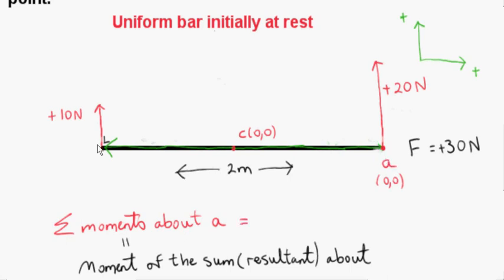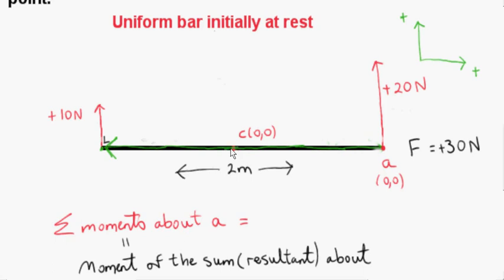So let's get the moment of the 10 Newton force about the point A. Well, let's look at the position vector. In this case, the position vector is along the line that's perpendicular to the line of action of the force, along the bar, straight forward here. Its tail is at A and its head is at the line of action of the 10 Newton force.